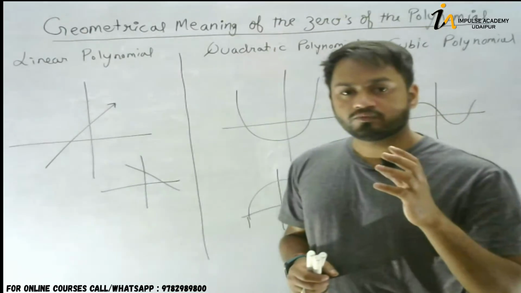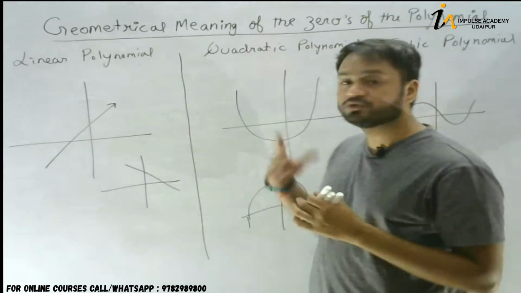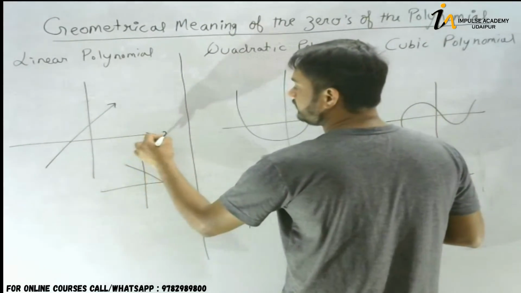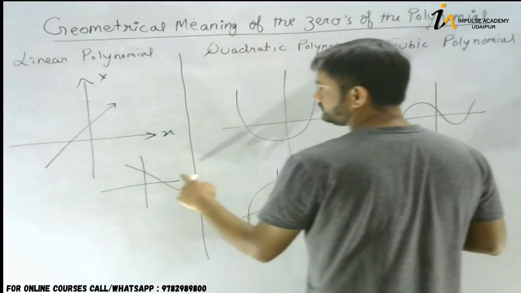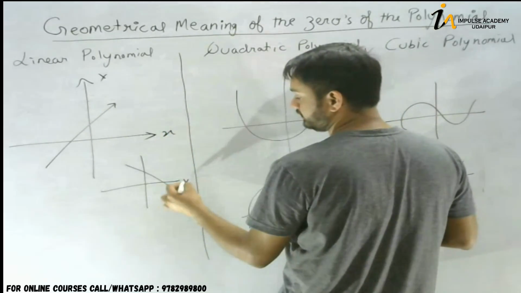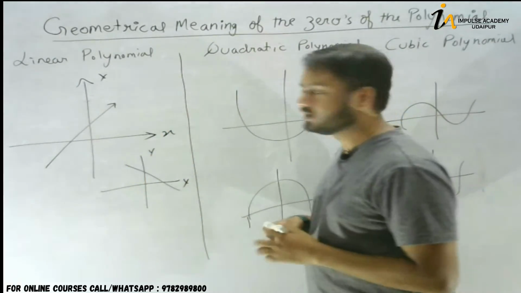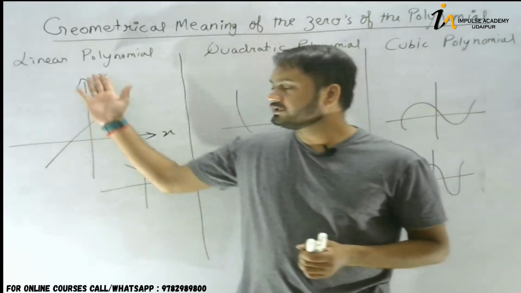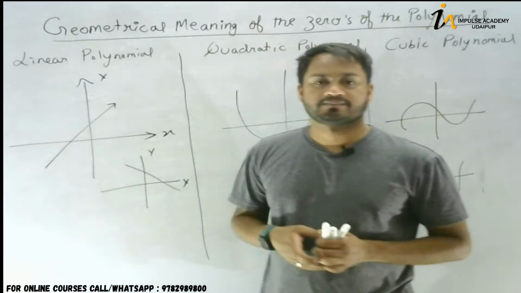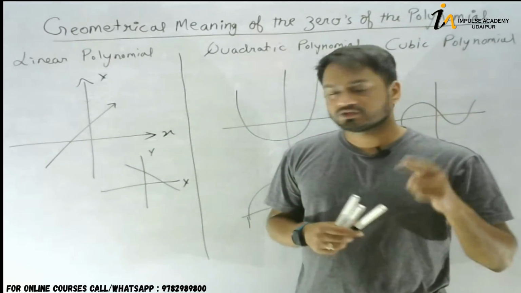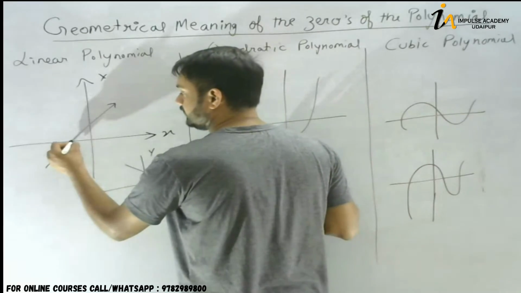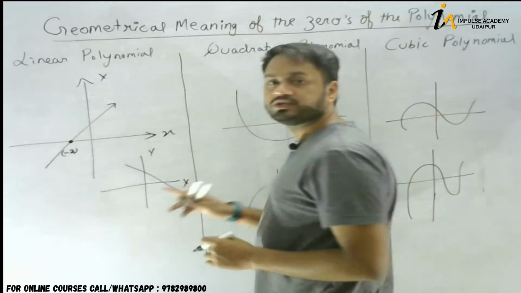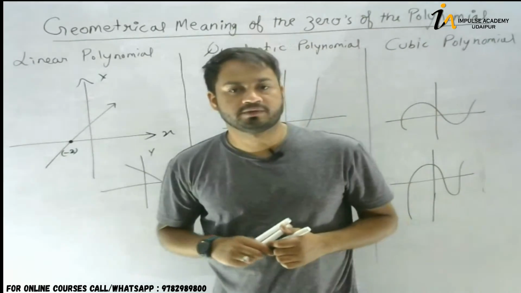Now what is the geometrical meaning of zeros here? If this line cuts the x-axis, this is x, this is y. If the line of the linear polynomial cuts the x-axis, then the point at which it has cut the x-axis, suppose it is -2, will be considered as the zero of the polynomial.